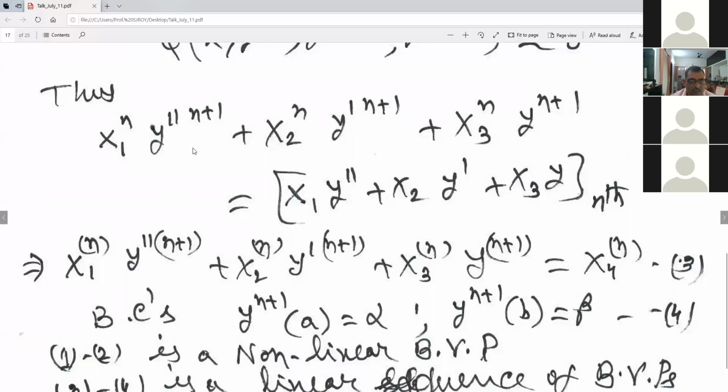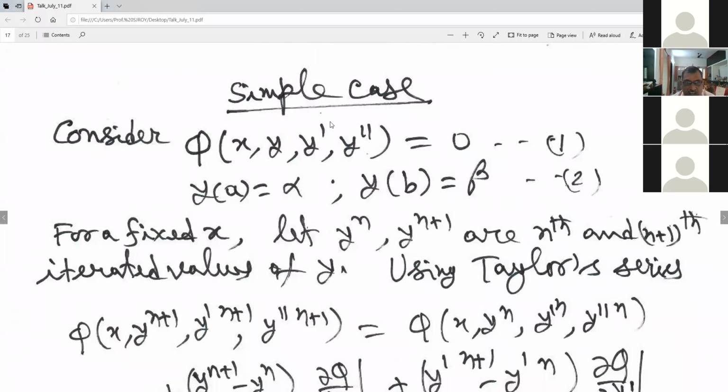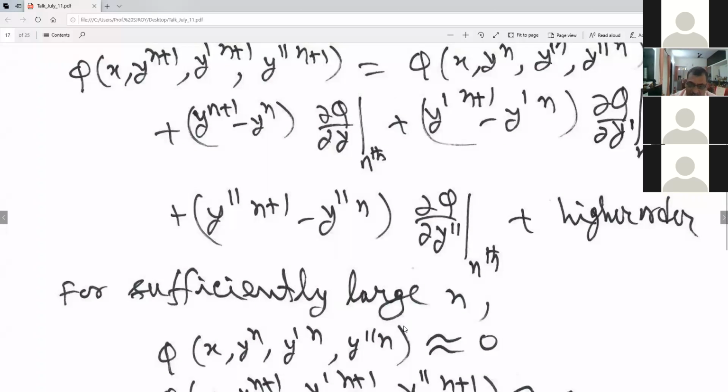also be there. So I'll take another example instead of φ, and show you. What we are doing is, first the problem was 1, 2. See 1 and 2, this is the nonlinear equation. If you want an iterative solution, you can expand the Taylor series, then assume that for sufficiently large n it is satisfying.